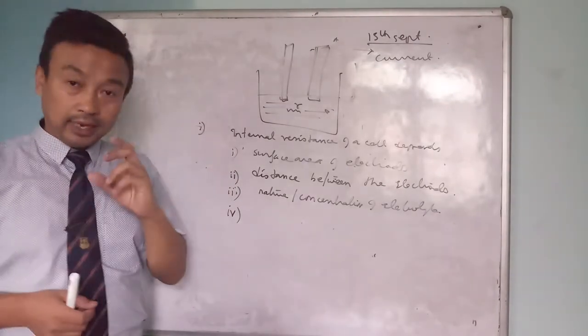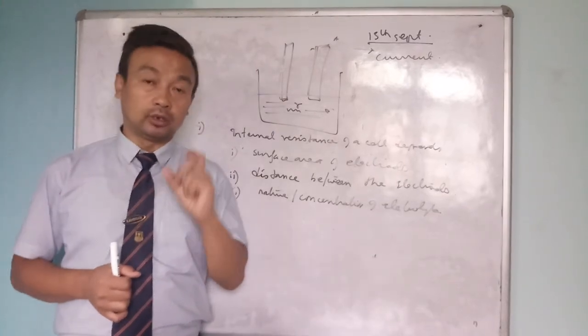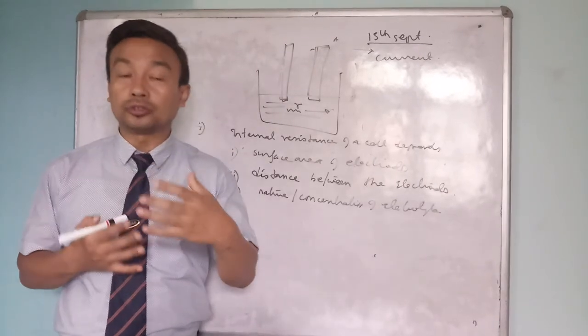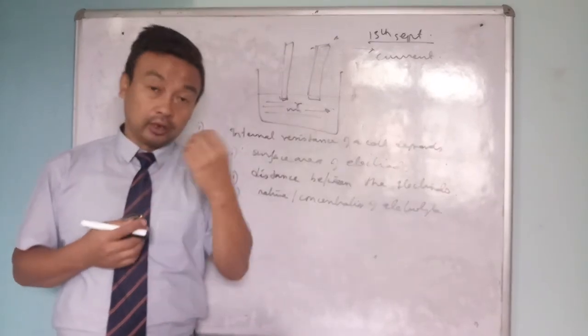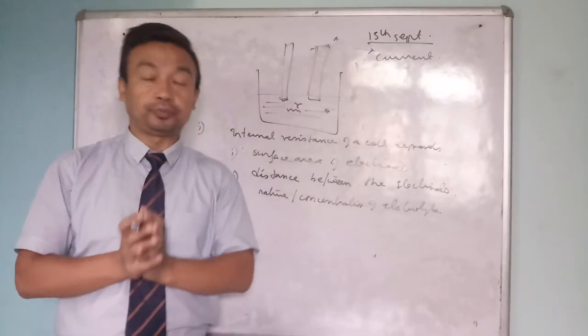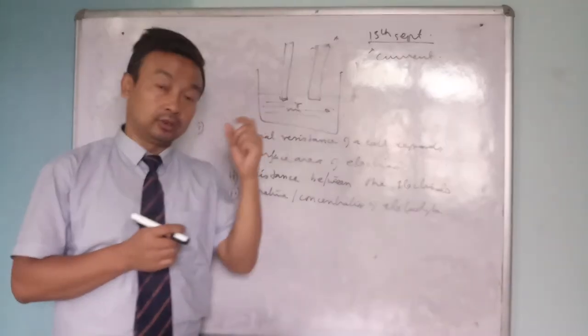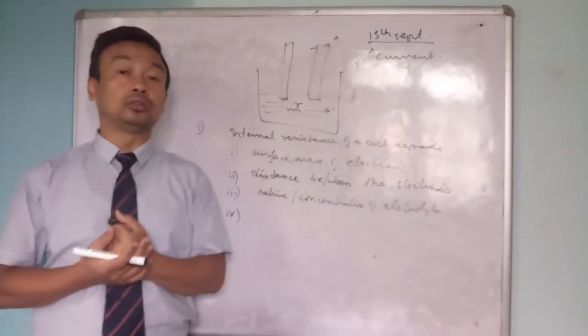Now, since we have talked about resistance, it is a very, very important topic. Resistance is basically the obstruction to the flow of current. Internal resistance is the same thing, but it is happening inside the cell. Now, we have these resistors.